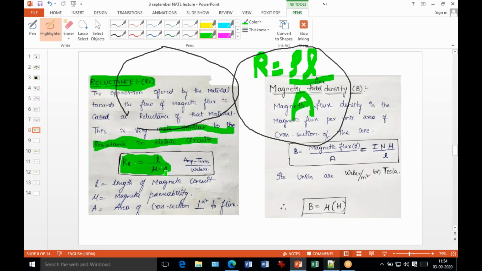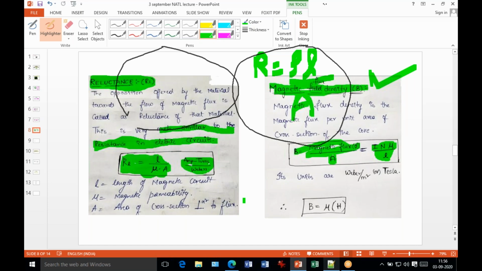Now we go to the magnetic flux density, which is denoted by B. What is the actual expression of the magnetic flux density? It is flux divided by area.